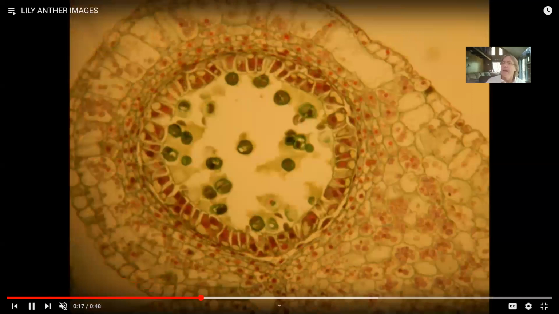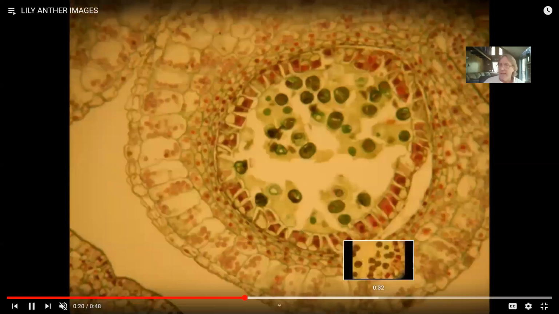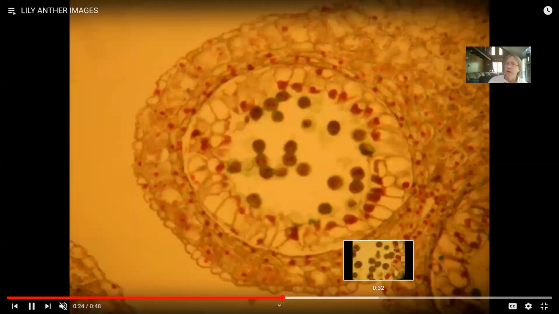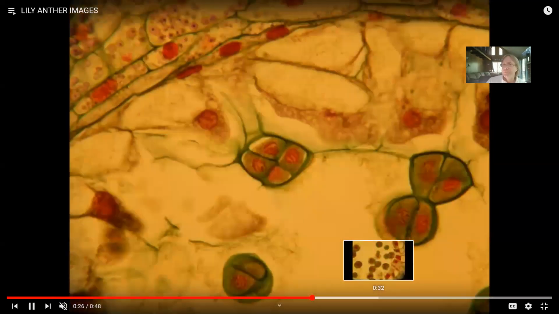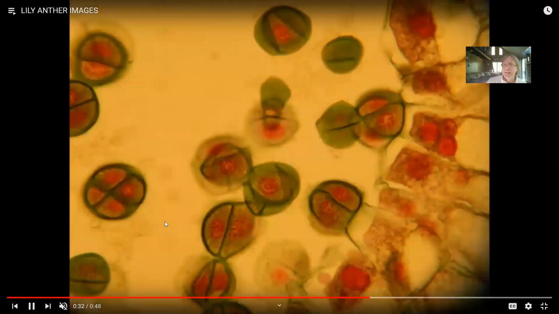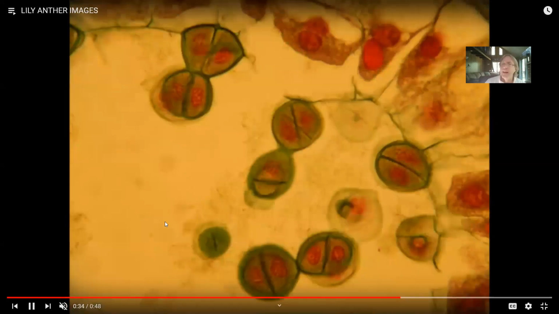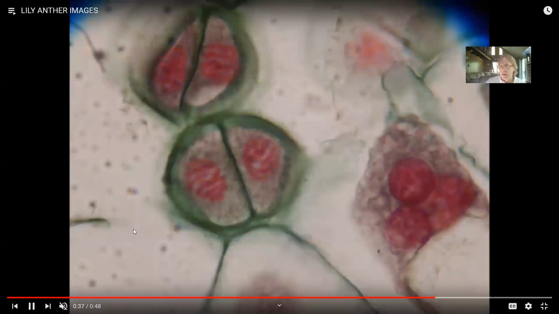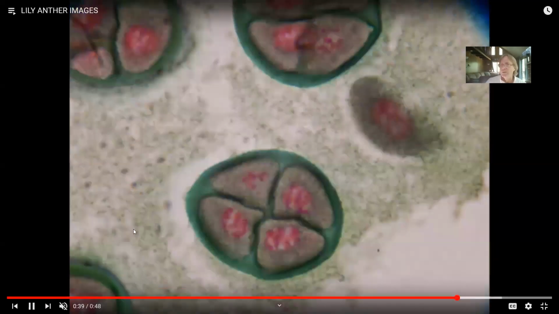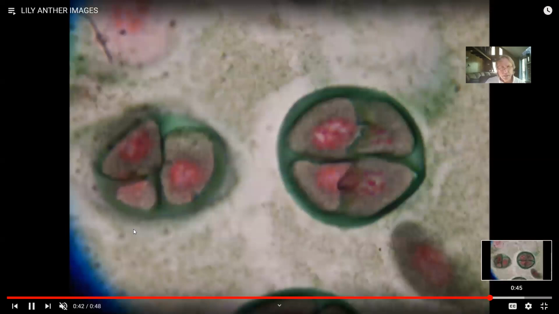Now, they are no longer flagellated like in the majority of the gymnosperms, so they do not swim to the ovum. They now have to grow in a pollen tube, so that the male gametophyte, once again, is the pollen grain and the pollen tube. So notice the cell division going on here to make those haploid cells.